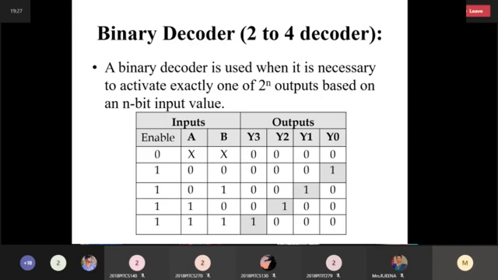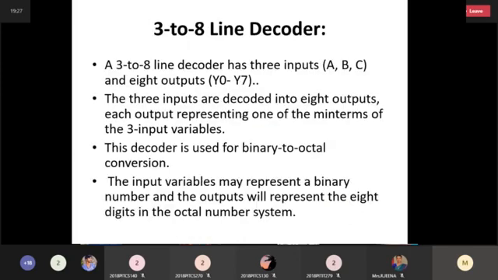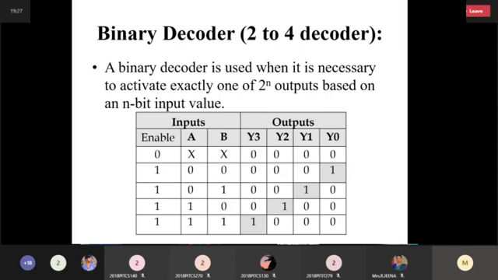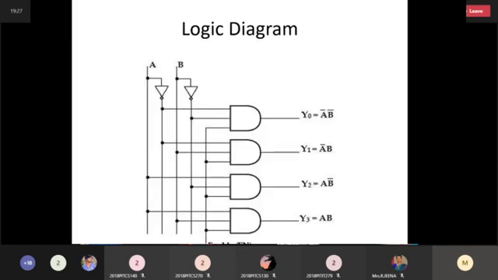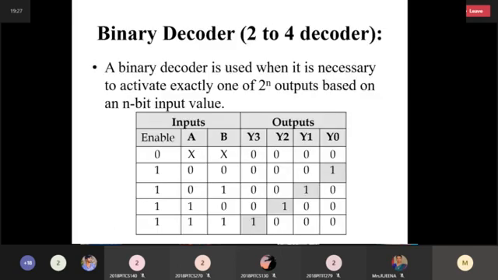Now here goes the logic diagram. What are the inputs? A and B and enable. So here 2 inputs A and B with the enable input. For the first one, the input A is 0, B is 0.